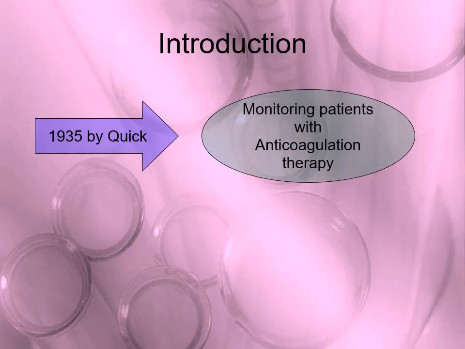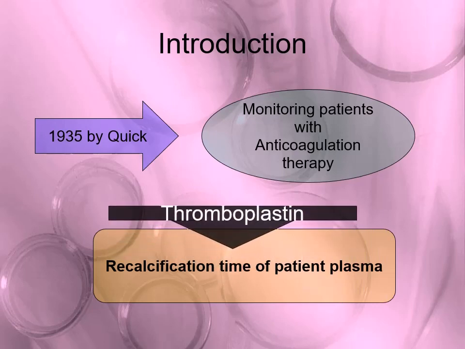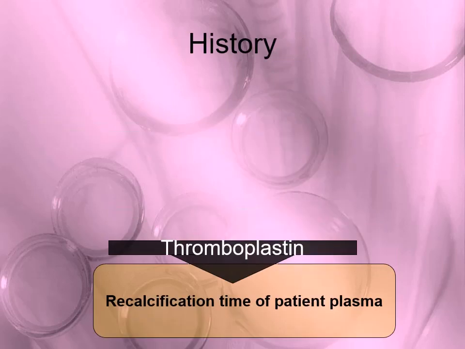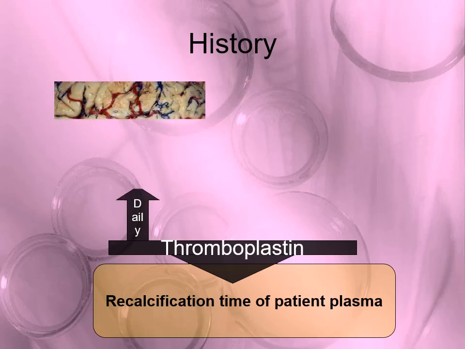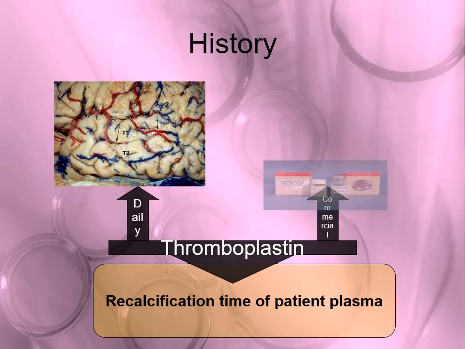The prothrombin time is relatively simple in concept, consisting of the recalcification time of a patient's plasma in the presence of a powerful tissue procoagulant extract called thromboplastin. Originally, thromboplastins were extracted on a daily basis from cadaver human brains. However, in the 1950s, commercial supplies of thromboplastin became available.